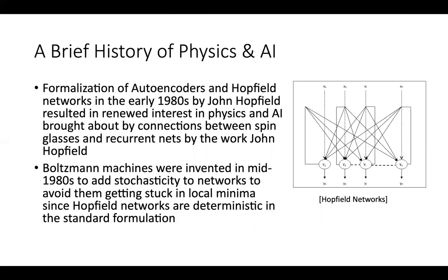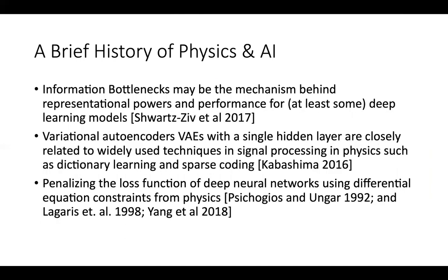We will go over these in much more detail in the second half of the tutorial. Boltzmann machines, as the name shows, also have their roots in physics. They were invented to add stochasticity to networks to avoid them getting stuck in local minima, which was the problem with the standard formulation of Hopfield networks.